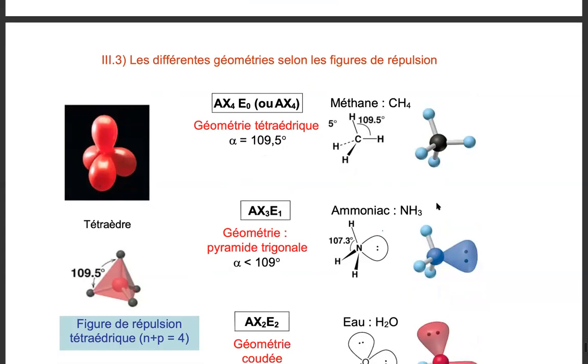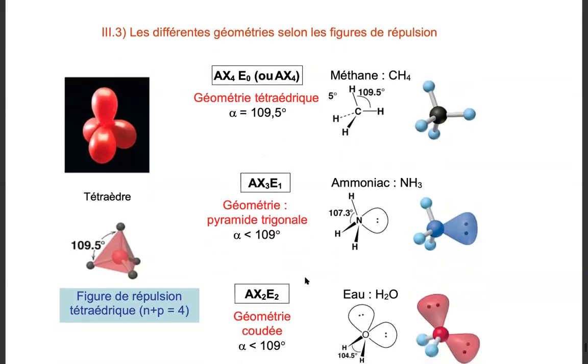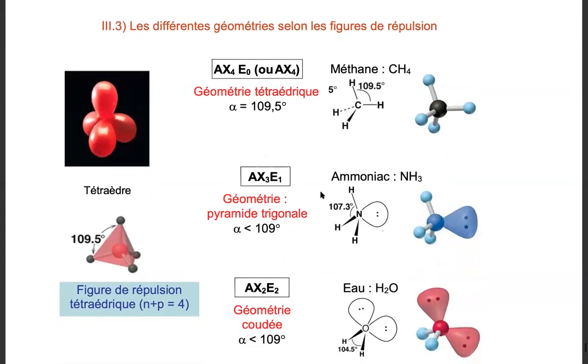So this is where we have the sp3 hybridization. Then we have another one that is the trigonal pyramid geometry. The angle in the trigonal pyramid is less than 109 degrees, and it also forms a pair of electrons that are not involved in any bond. That is 1.